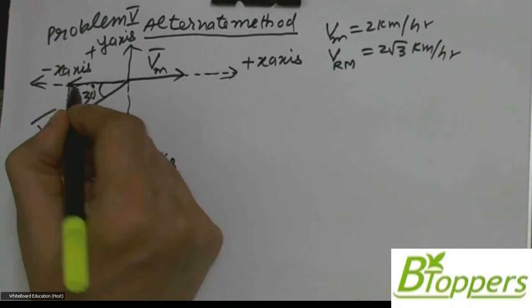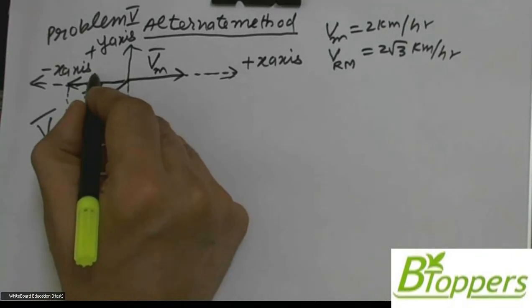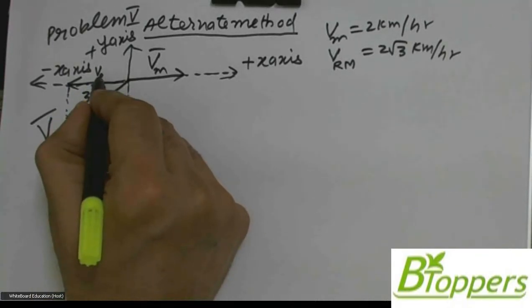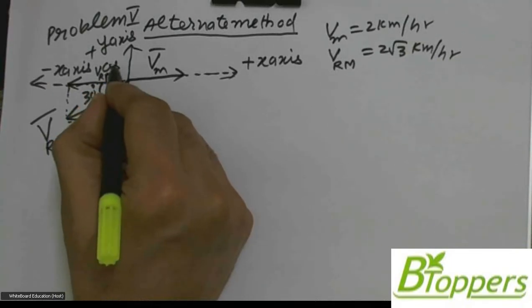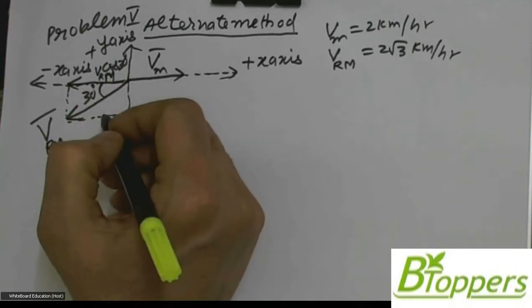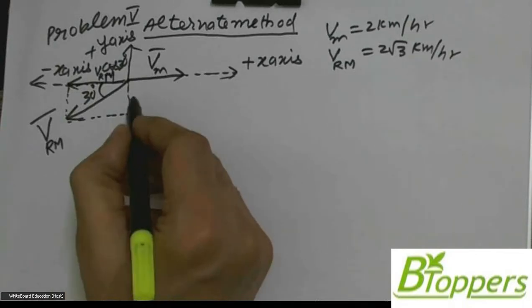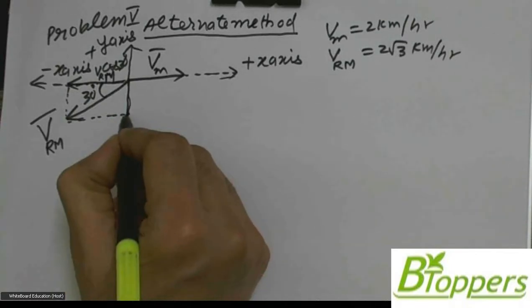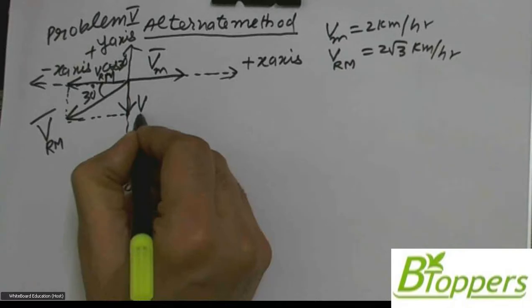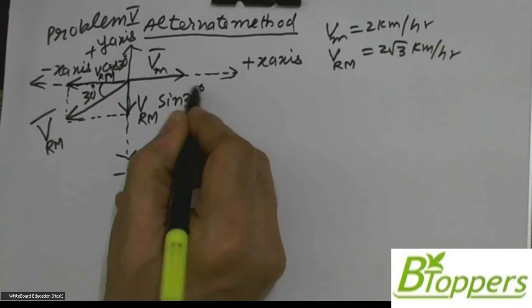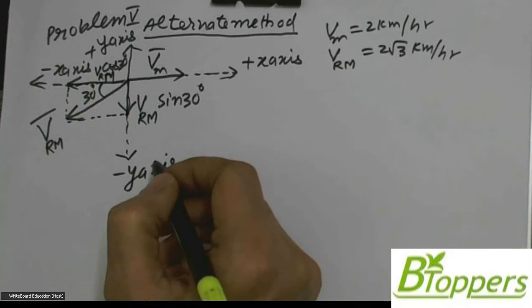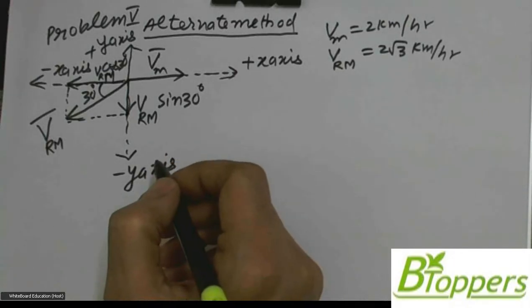So this component will have magnitude Vrm cos 30 degrees. And this component will have magnitude Vrm sin 30 degrees.